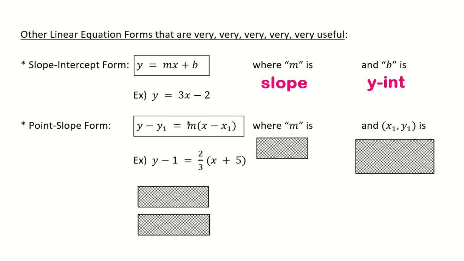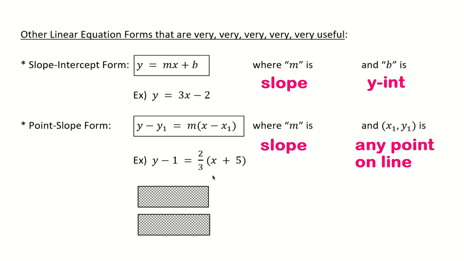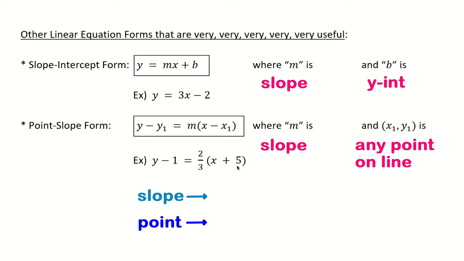And this is point-slope form, where this value right here would be your slope, of course, again, m is always slope, and this x1 value and this y1 value would be from any point on the line. So this is basically an example of an equation in point-slope form, where here the slope would be 2/3, and one of the points would be -5, comma, 1, because there's negatives built into this formula.